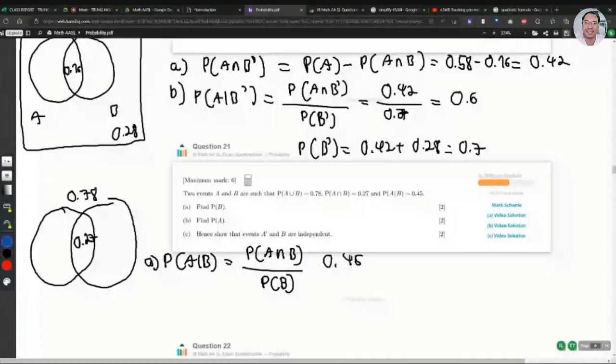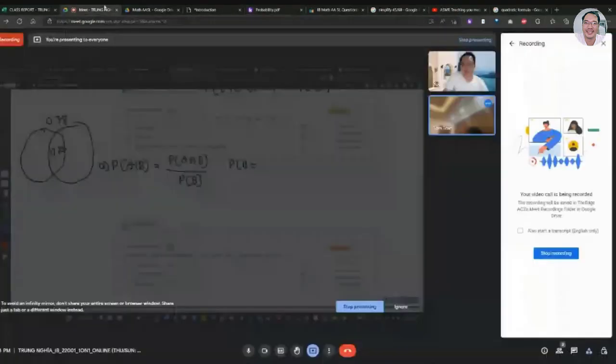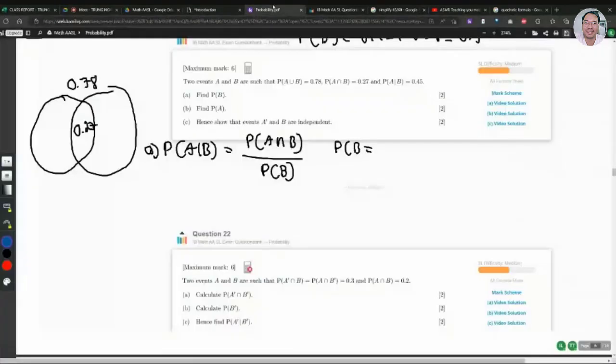A and B is such that the probability of A or B is 0.78 and the probability of A and B is 0.27. Use the conditional way, the combined event probability. Yeah, I'm writing. It takes a bit of time for it to appear.